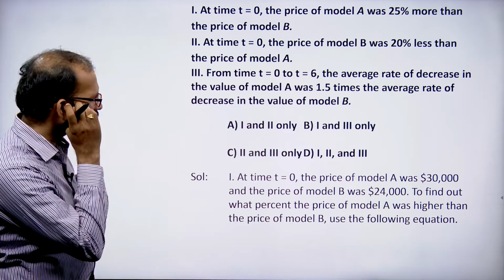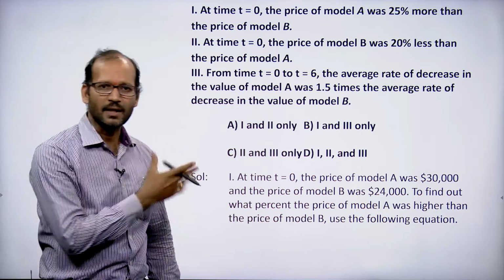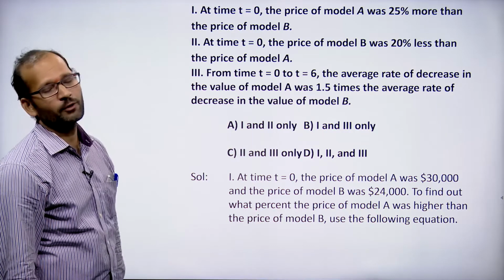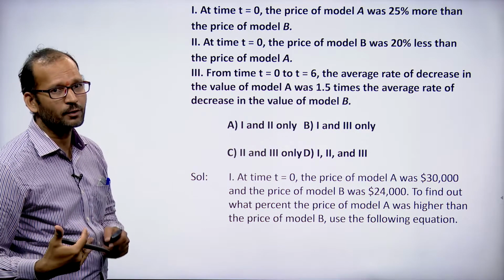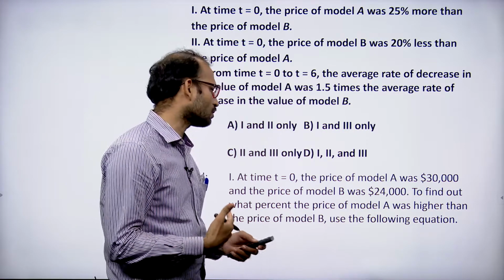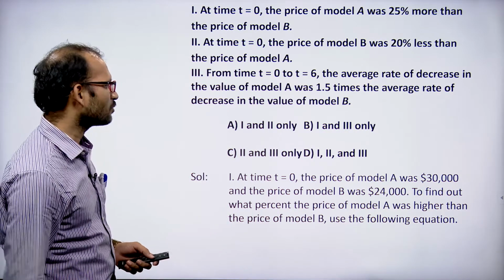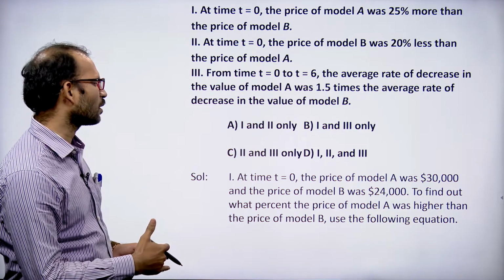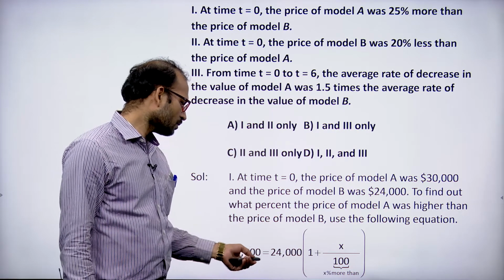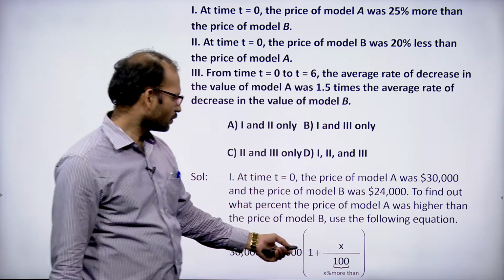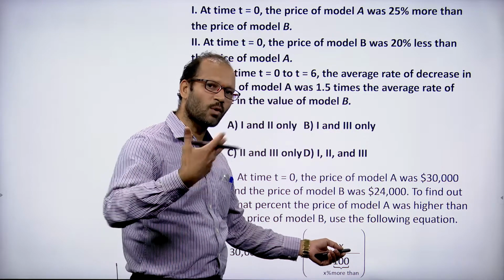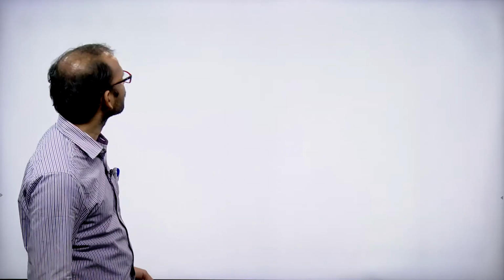At time t equals 0, the price of model A was $30,000 as discussed earlier, and the price of model B was $24,000. To find out what percent the price of model A was higher than the price of model B, use the following equation: 30,000 equals 24,000 into (1 plus x by 100). X is how much percent more.